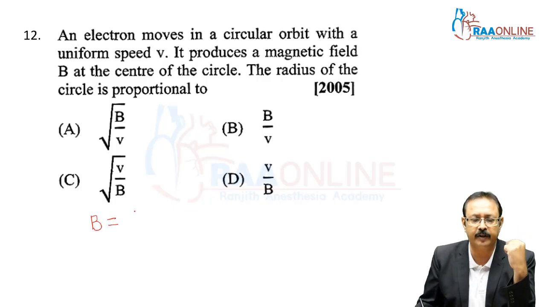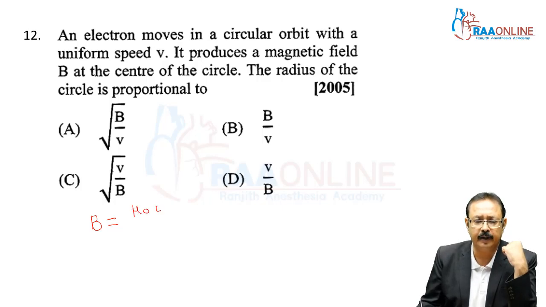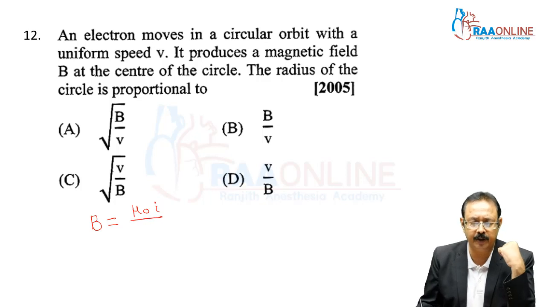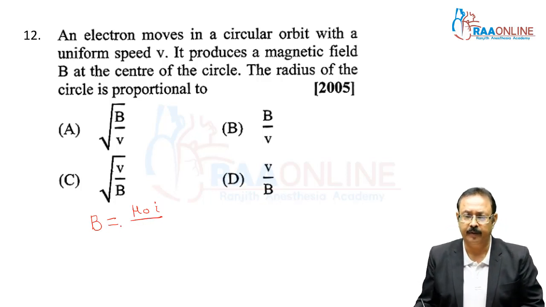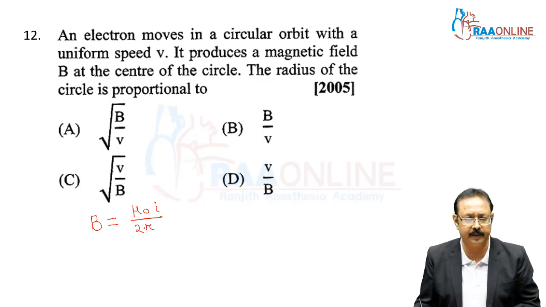And if the number of turns is 1, what is the formula for B? Mu naught N i divided by 2R. We have a complete derivation in theory slides. Mu naught N i by 2R.